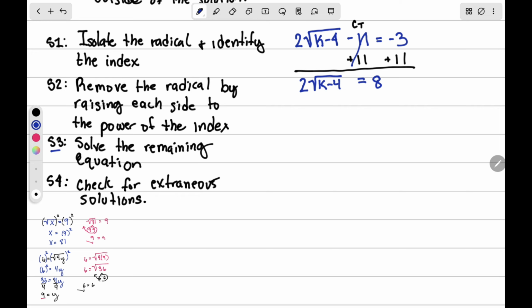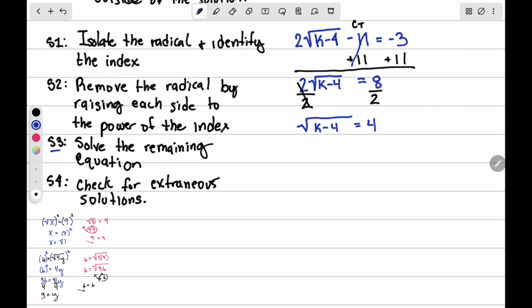Now we still have to get the square root of k minus 4 by itself, and coefficients, you divide those last, right? So the coefficient we have to divide by is that 2. Divide both sides by 2. The 2's cancel. Now the square root of k minus 4 is left over, equals 4.